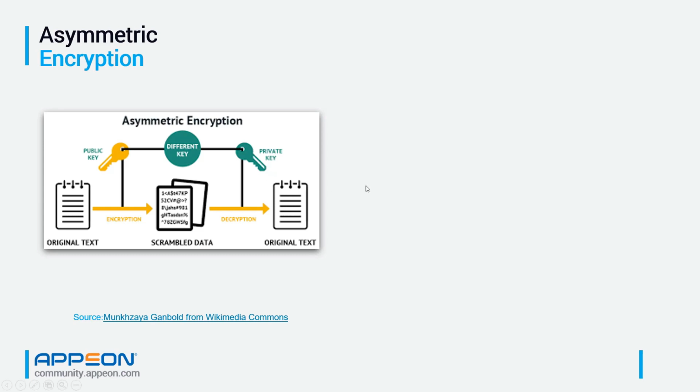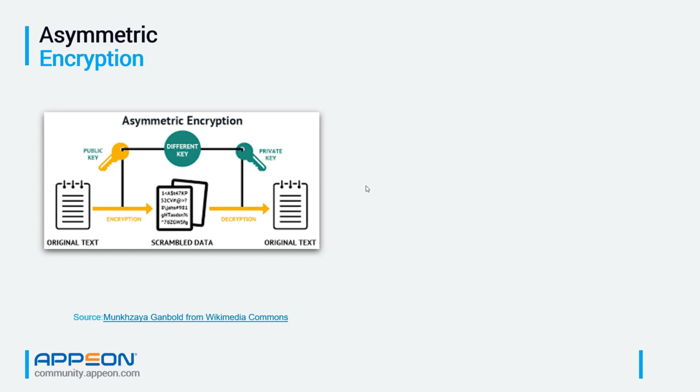So if you want to get data securely transmitted to you, you generate this key pair and send the public key to the person who's going to send you data. They encrypt the data, they send it to you, then you use your private key to decrypt it. Now what's important here is the public key can't decrypt the data, it can only encrypt it. So if somebody gets a hold of that public key, they can't decrypt the data that got transmitted.